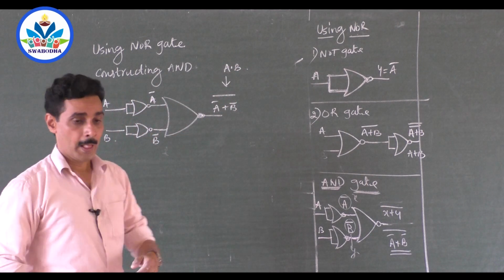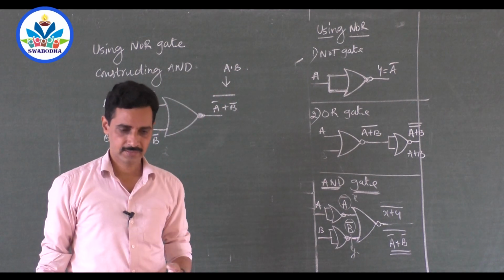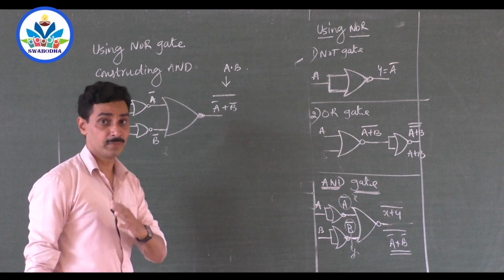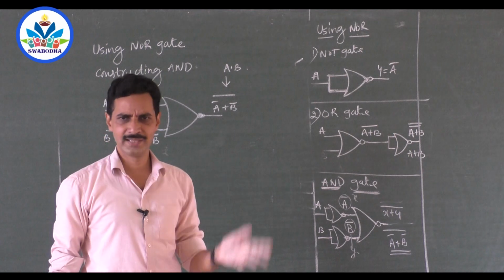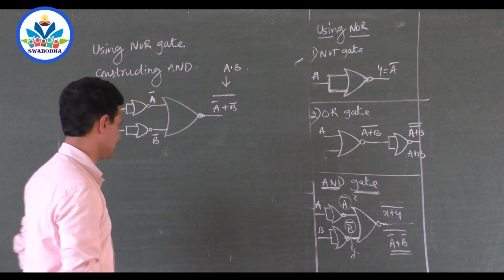Yes. We have two theorems here. They are called De Morgan's theorem. Of course, I am going some bit away from the syllabus, but it is easy to understand. Nothing difficult here.